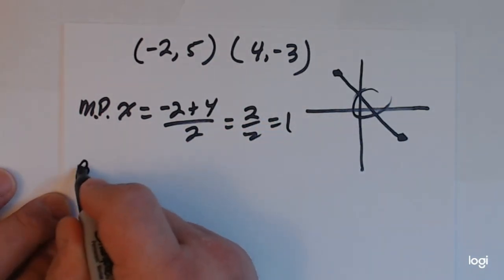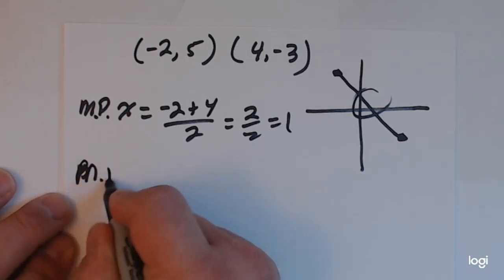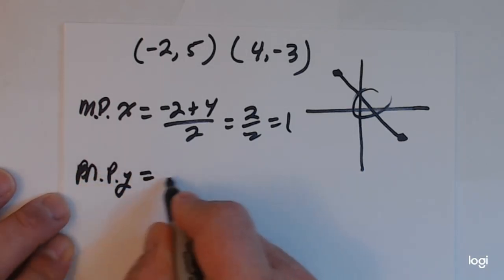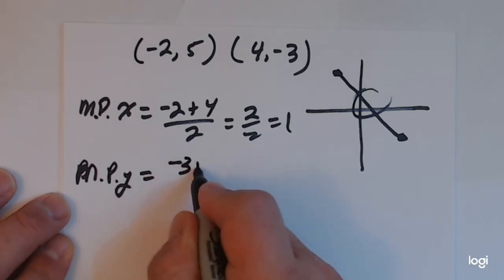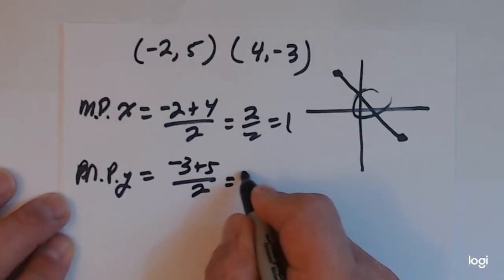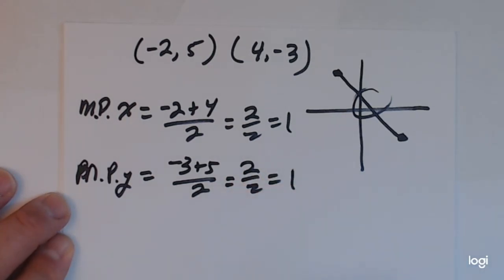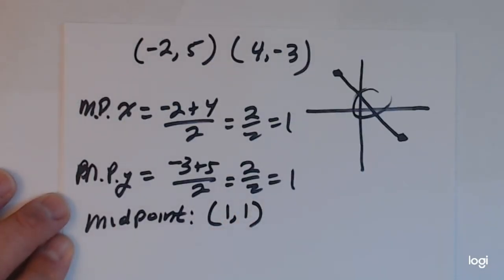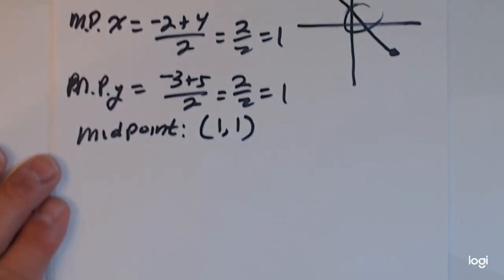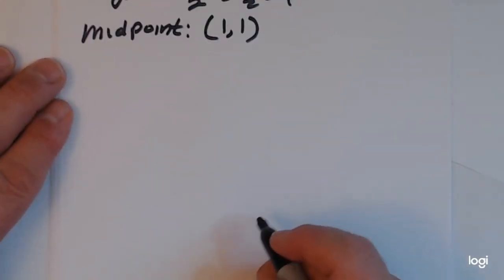And the midpoint of y is negative 3 plus 5 over 2, which is 2 over 2, which is 1. So the midpoint is 1, 1. Task number 1 complete.